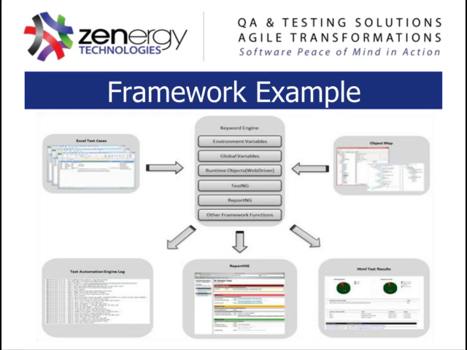All right. Here's an example of the keyword framework. You have the test cases. You have the engine, which contains the biggest piece, the runtime object, which is the WebDriver piece to generate the Selenium script to execute the step. And then you have the object map.